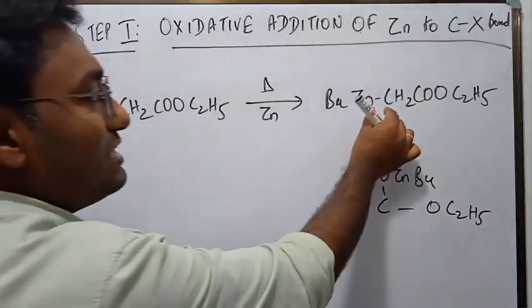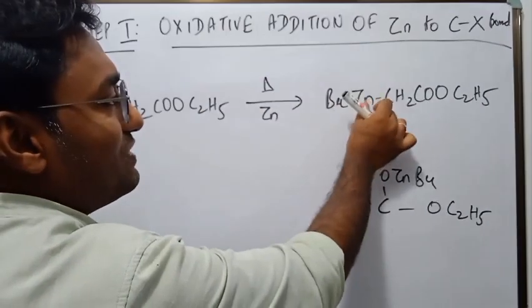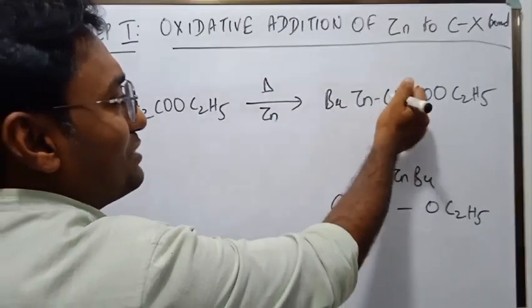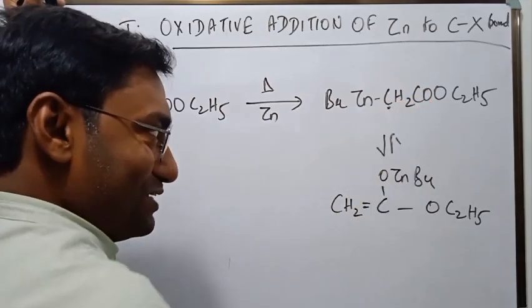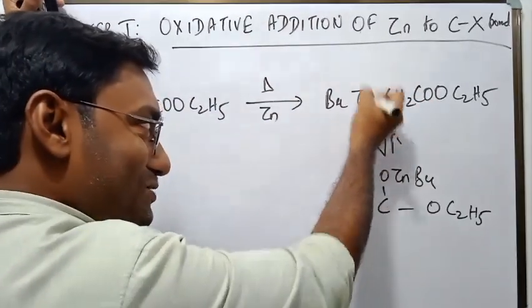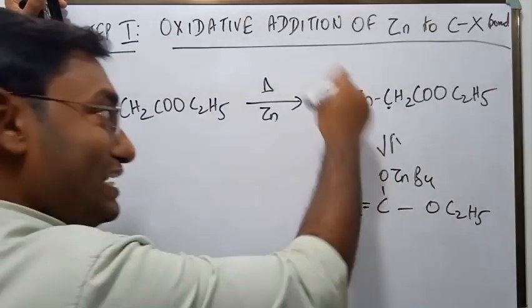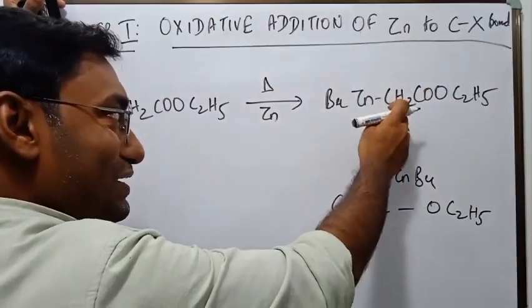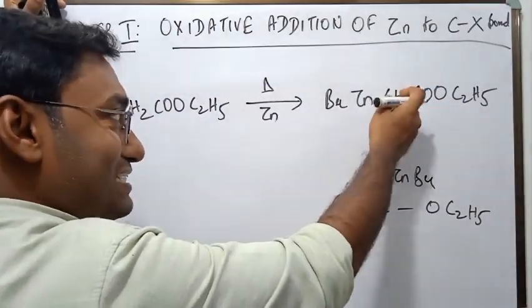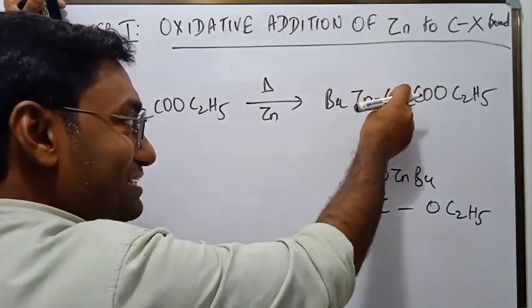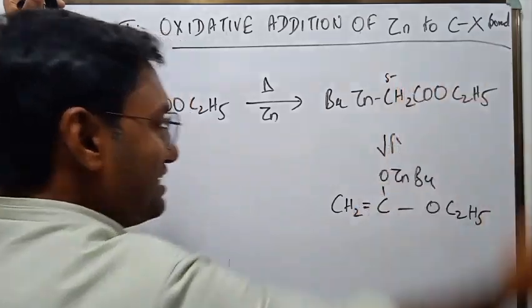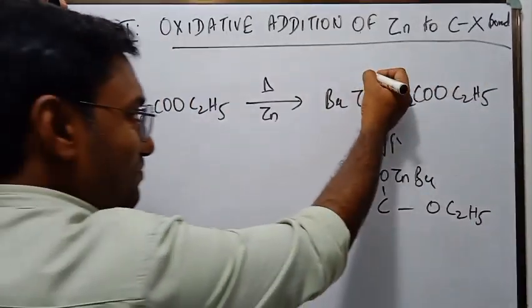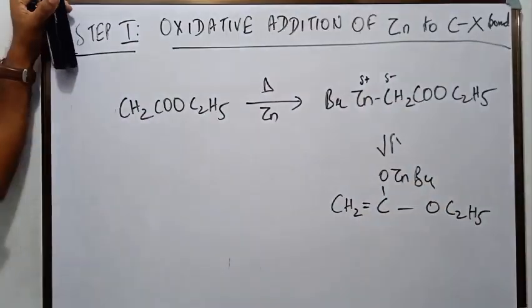Zinc is highly electropositive, so carbon acts as relatively electronegative. A negative charge develops on this carbon and a positive charge develops on this zinc.